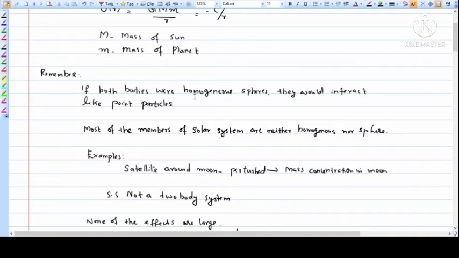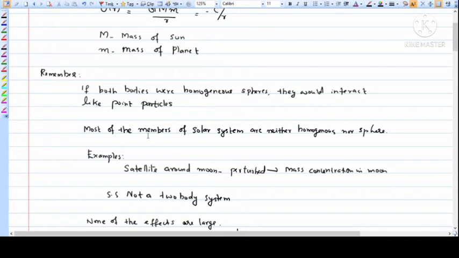That is, if the planet and also the sun were perfectly homogeneous spheres, with no mass concentration in the planet, homogeneous all the way and perfectly spheres, we can solve for the equation of orbit by taking them as point particles.